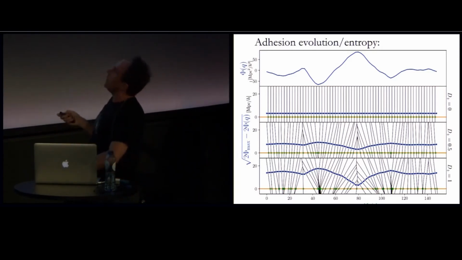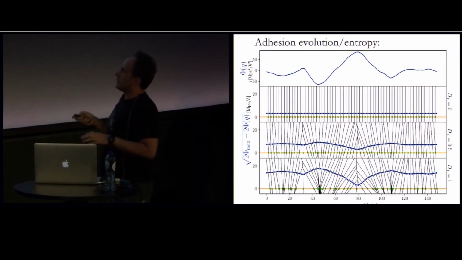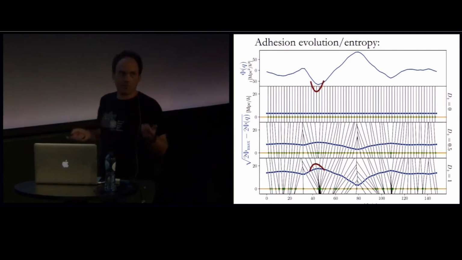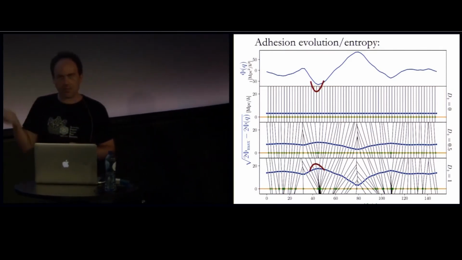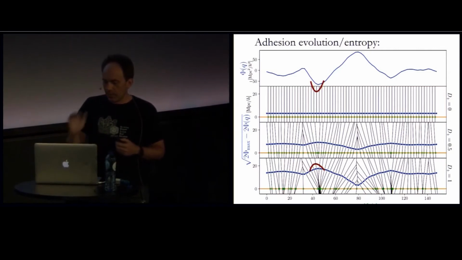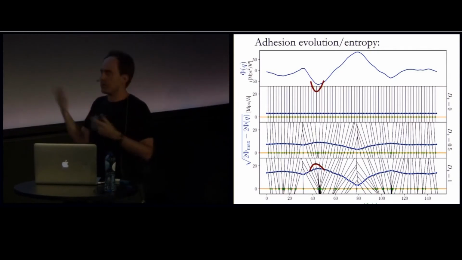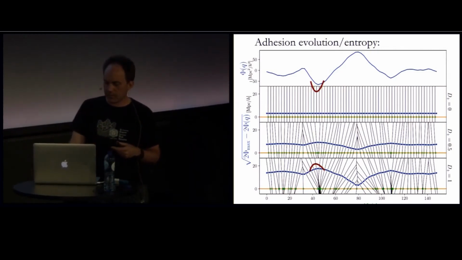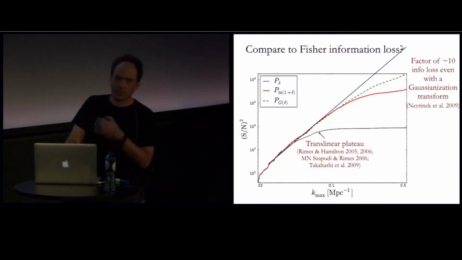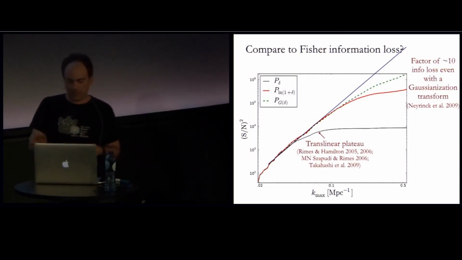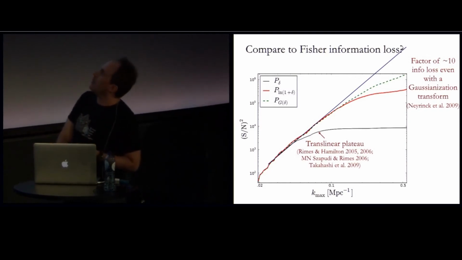We could imagine deepening the potential there, and this would change the details of where these dots end up, but we would still have the same object here. So there's a multitude of initial states that give the same final state, which is a loss of information or a kind of entropy, which I think is interesting to explore. And this could be related to another sort of information loss in Fisher information, which I have no time to talk about, unfortunately.